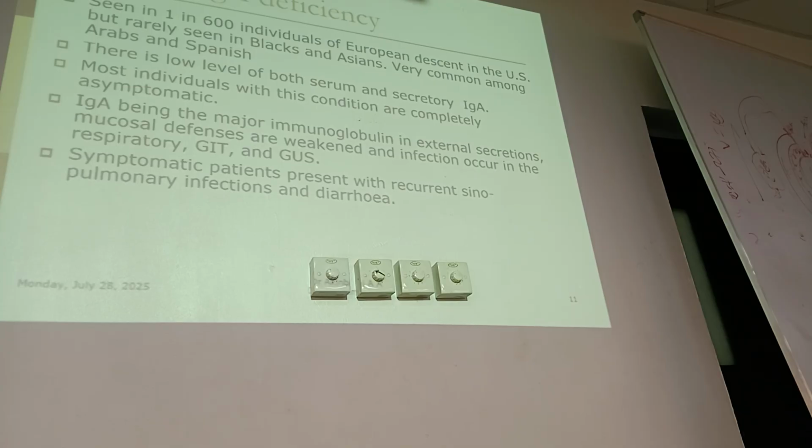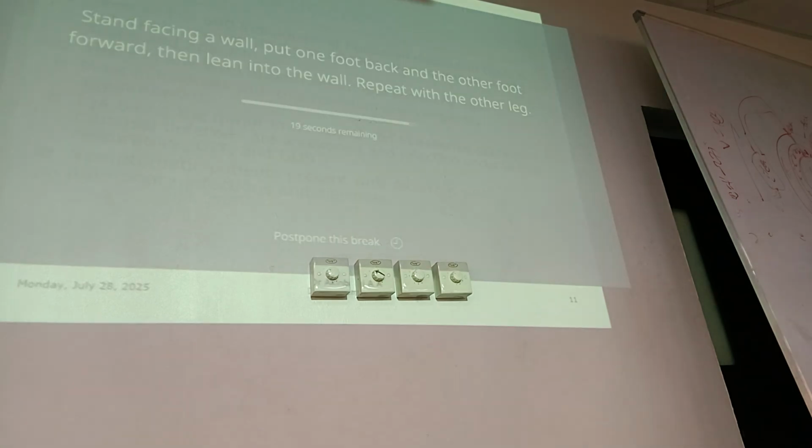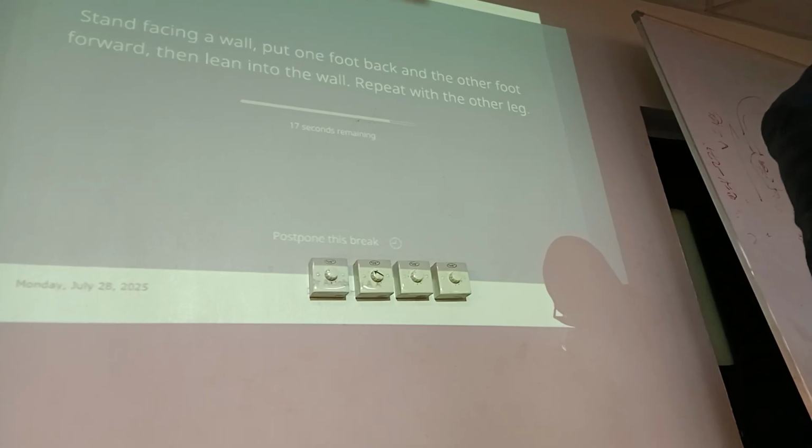The skin, the stratified epithelium, we discussed last time, but IgA is also important. So occasionally you could have infection affecting the respiratory tract and GIT, and so a symptomatic patient has recurrent pulmonary infections and diarrhea.